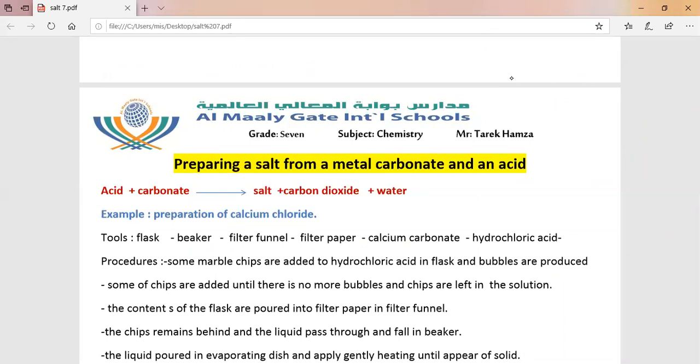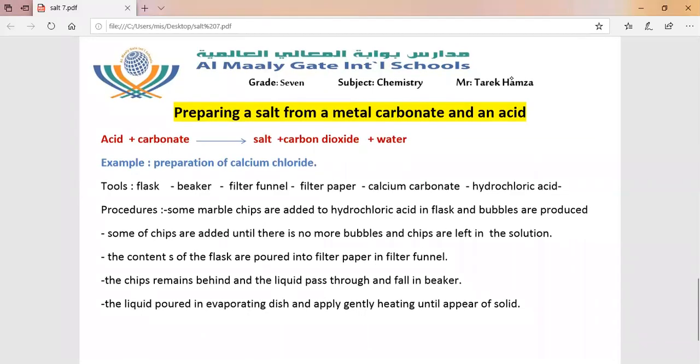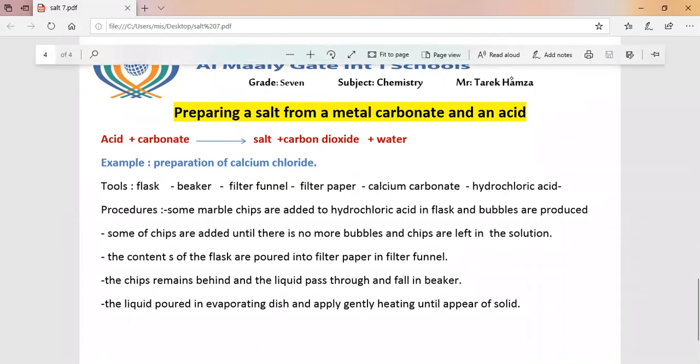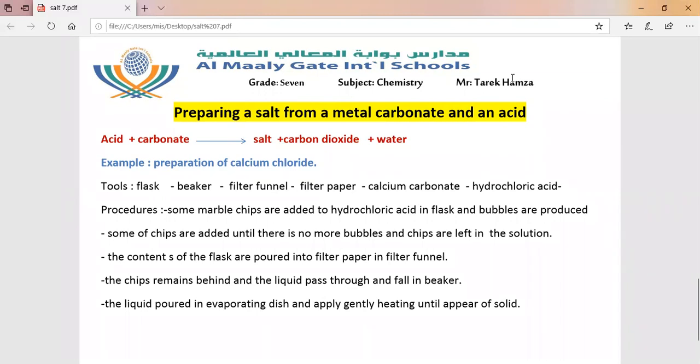This is represented by the following equation: acid plus metal carbonate produces salt, carbon dioxide, and water. The example here is the preparation of calcium chloride.